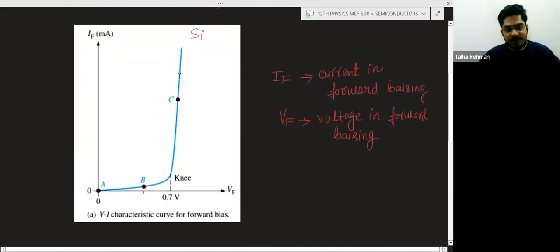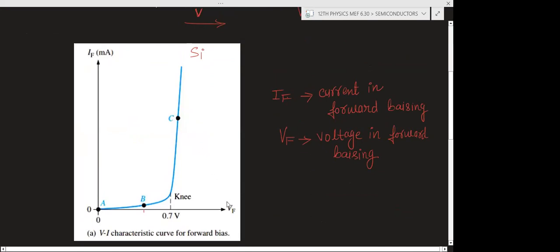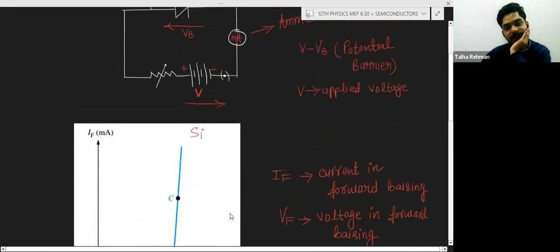So this type of graph we will get. This is the current in forward biasing, and this is the voltage in forward biasing. What voltage am I talking about?